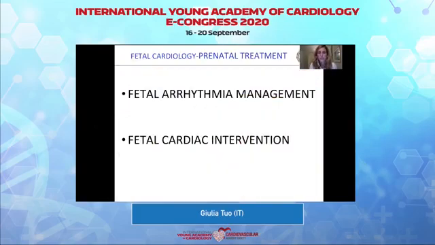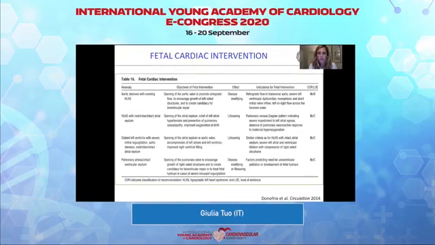Fetal, because we can treat some conditions like the fetal arrhythmia, both the bradycardia and the tachycardia, and we can treat some specific conditions like the aortic stenosis, in which we have the evolution from the stenosis to the hypoplastic left heart syndrome.